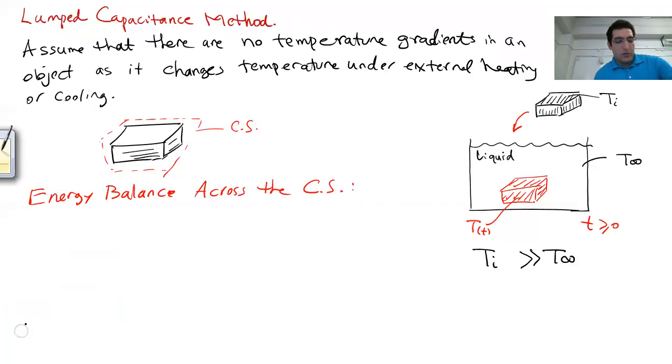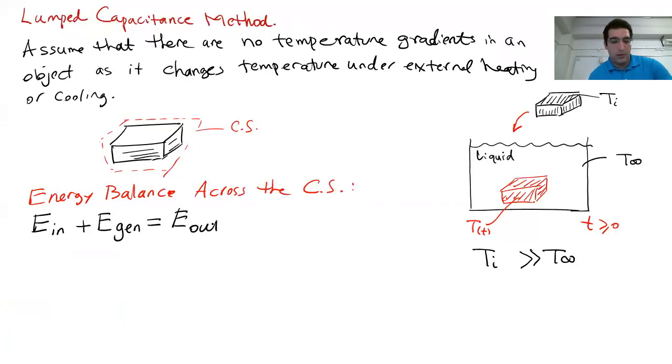And for the energy balance, remember from the steady-state conduction, we usually say the rate of energy into the system plus the rate of energy generated inside the system should be equal to energy going out plus energy stored, right?